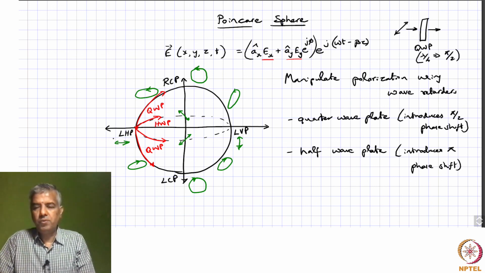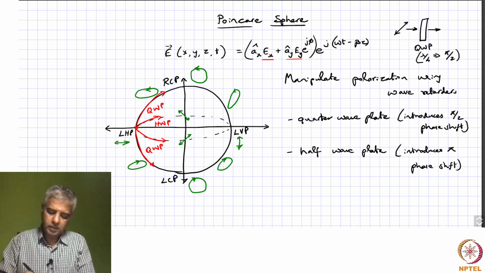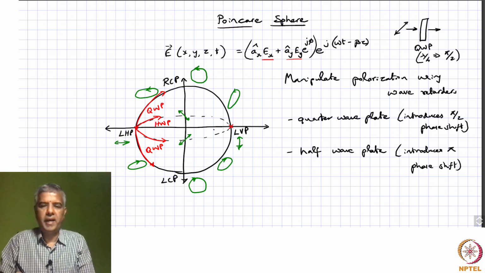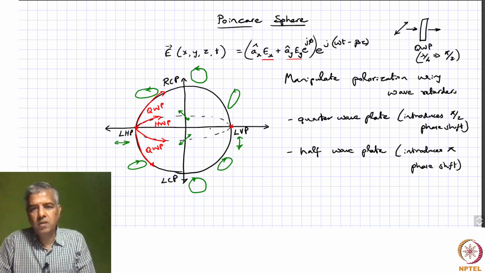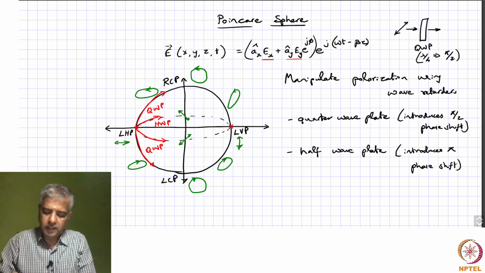Now this is if you want to achieve a particular polarization state, but if you want to use it as a sensor, then things are different. Then what you are really looking for is that you start with one polarization state like this, and you send it through some material which is subjected to some perturbation, and you try to see which way this is moving, whether it's moving this way or along this or along this.